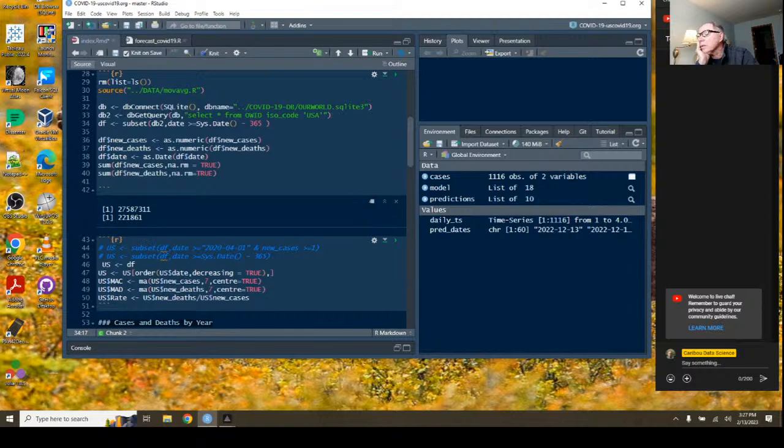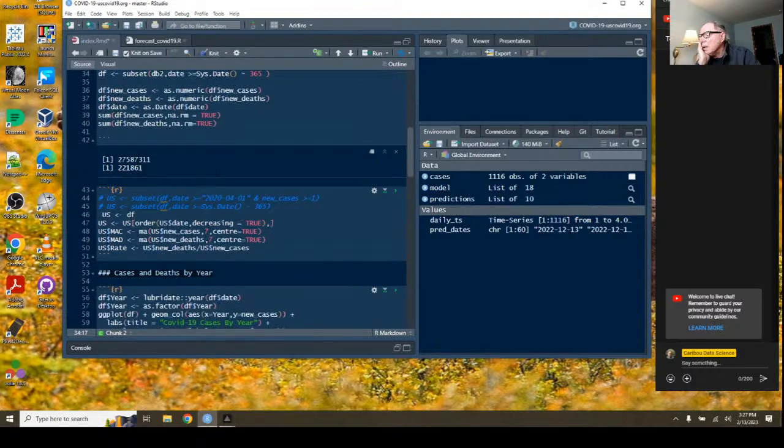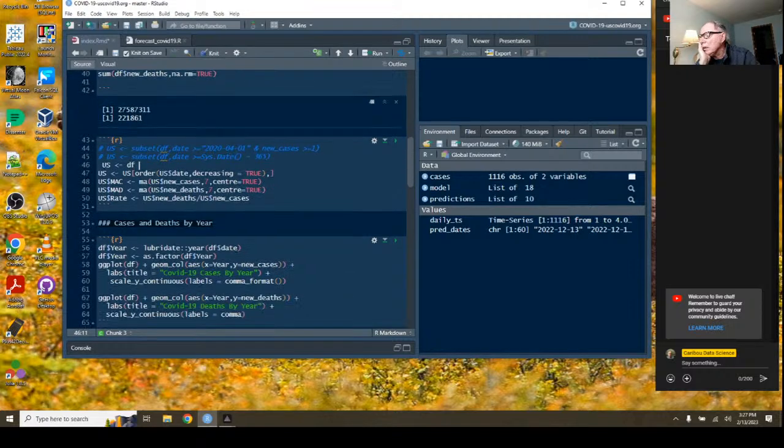So this will give us the raw U.S. data completely, and that's going to come down here. That's fine, but here we're going to do something a little different. This is going to be DB1.